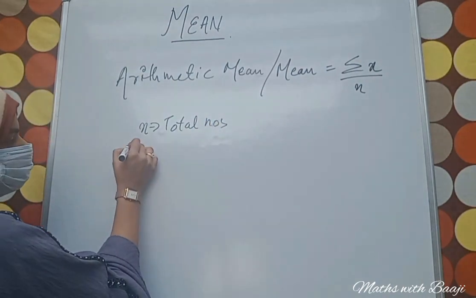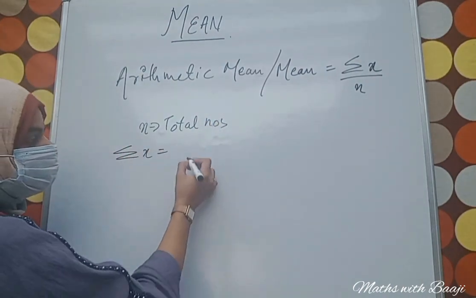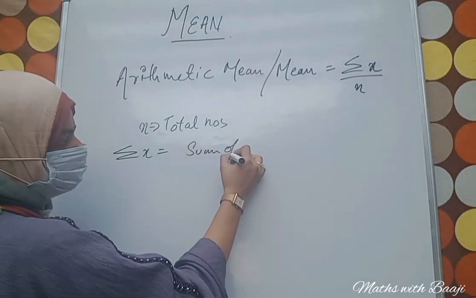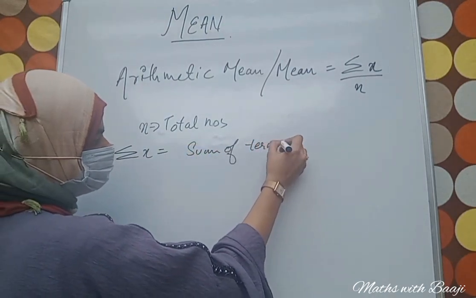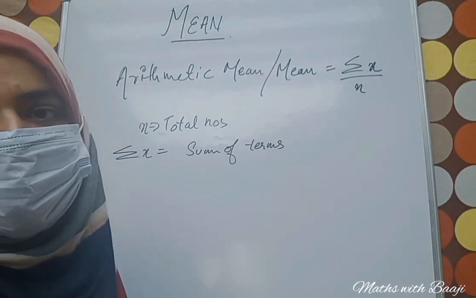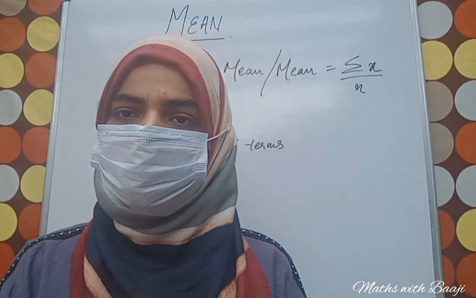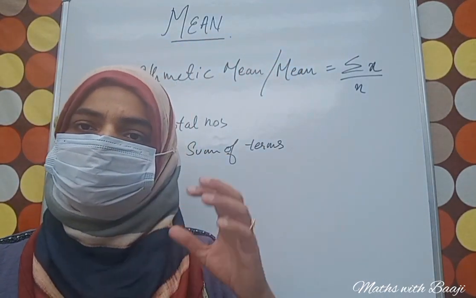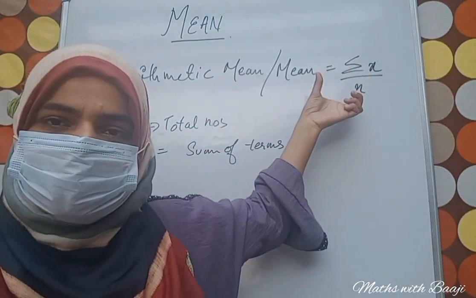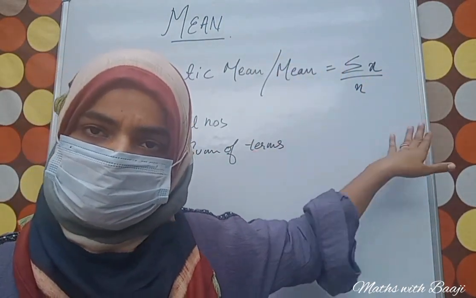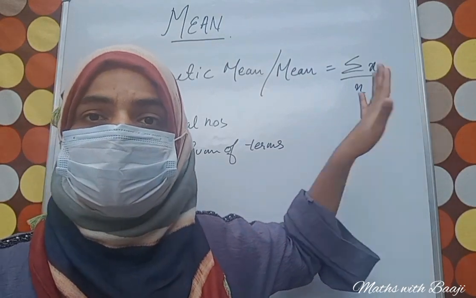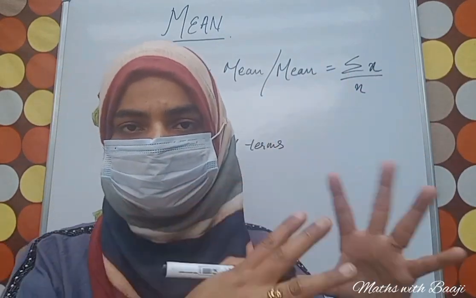And summation x is the sum of terms, whatever the terms or the quantity or the frequency that is given. Summation in arithmetic means addition, the sum of some quantities, okay.